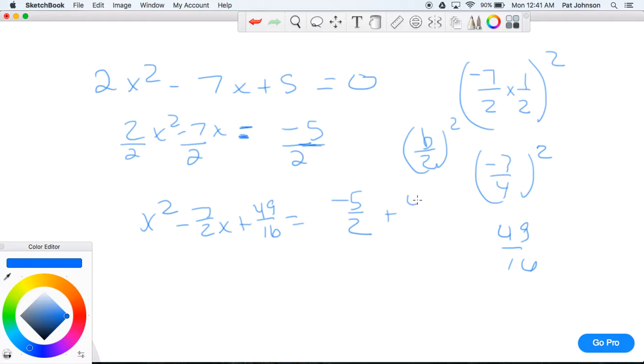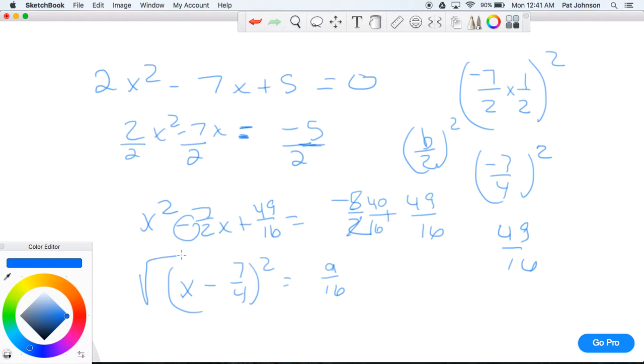We have to add it to this side as well. Then we take the square root of this trinomial, taking this sign, which is 7 over 4, and it's squared. Now to add fractions, we must have a common denominator. So negative 40 over 16 plus 49 over 16 is simply 9 over 16.